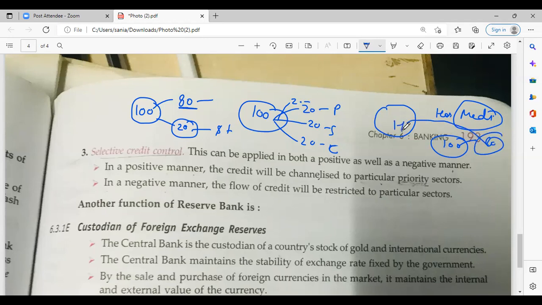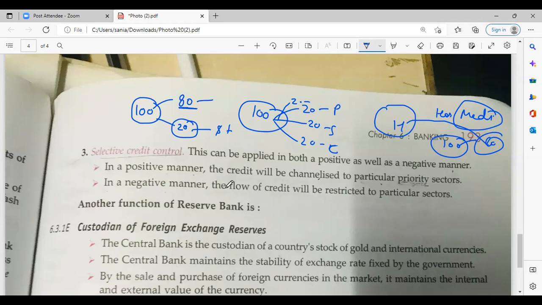Why? Because that was the need of the hour, and most people were demanding it. So health sector was given 80 rupees out of 100. That is the positive manner: credit channelized to a particular priority sector, wherever the priority is.